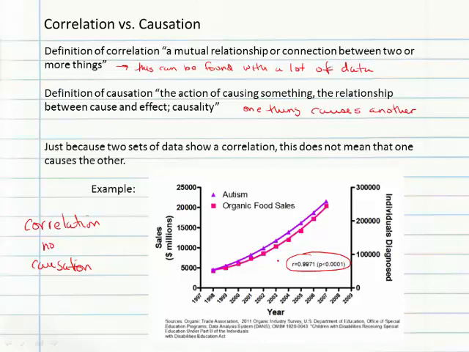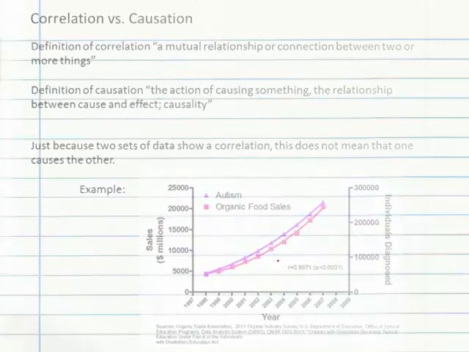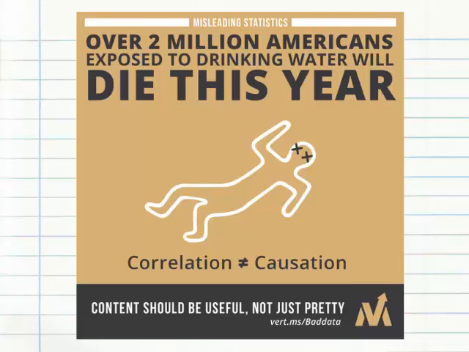So two outside factors potentially caused these increases in numbers. Just because two things are related does not mean that one causes the other. For example, again, over 2 million Americans exposed to drinking water will die this year. Correlation does not imply causation.